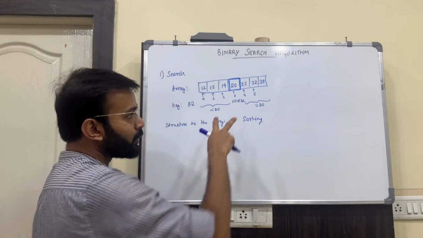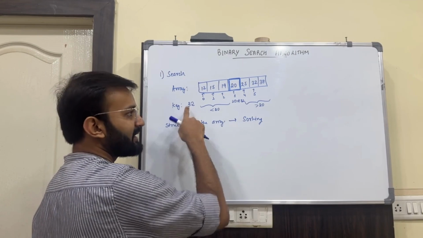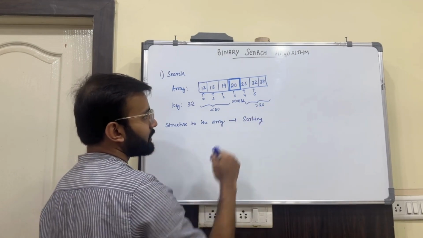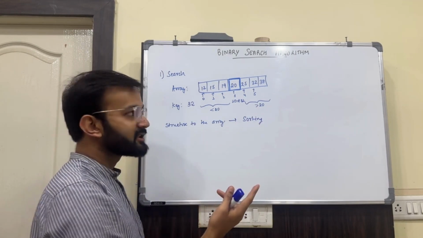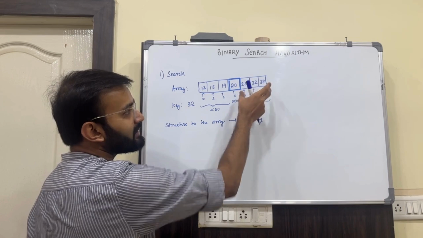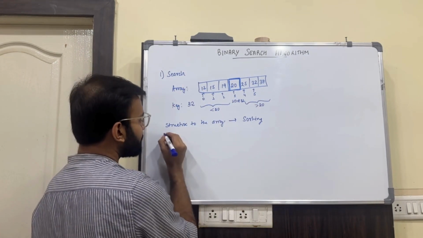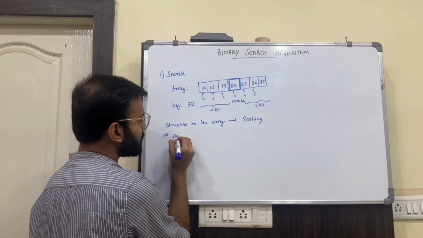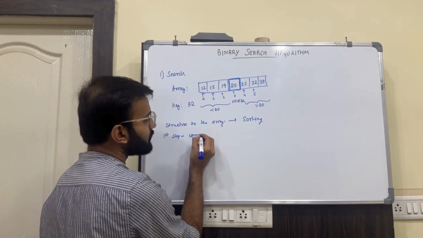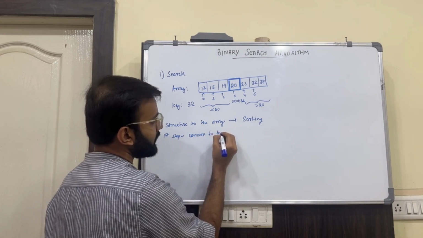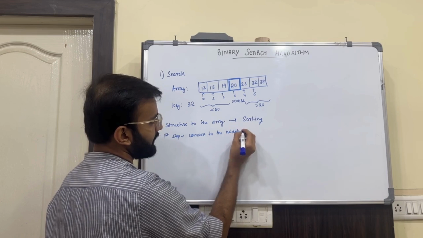Utilizing this, I can see that my key is 32, which is greater than 20. So I can reduce my search space by restricting it to only the right half of the array and discarding the left half. So in the first step, I compare to the middle element.